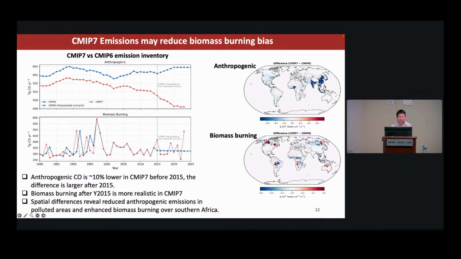And for biomass burning, we can see CMIP7 is more realistic after 2015, which is the year where CMIP6 has an emission. And for the spatial difference, in CMIP7 there is much less anthropogenic emission over the polluted regions. And for biomass burning, there is more biomass burning source over Canada and Australia, and also some parts of South Africa.